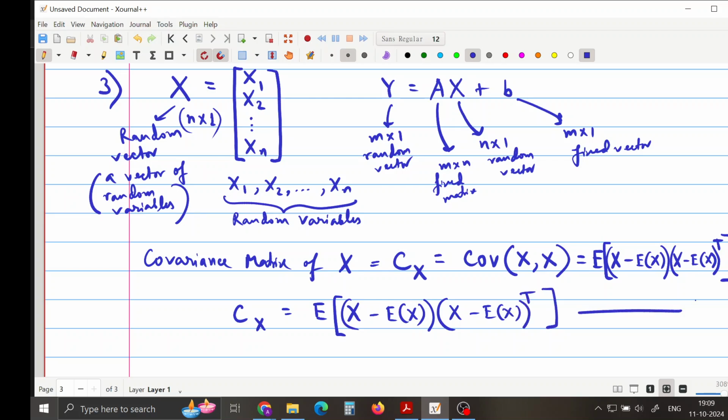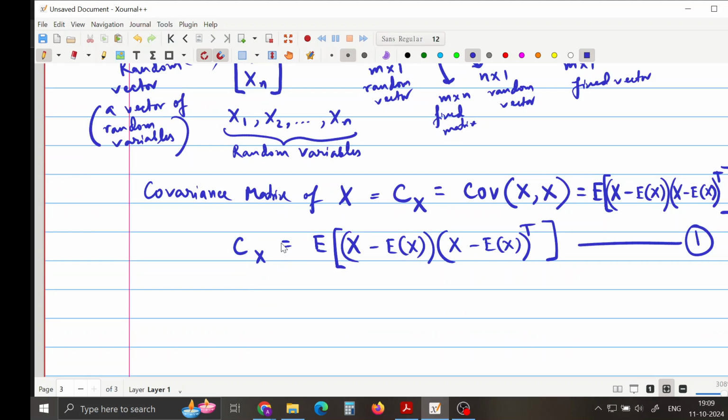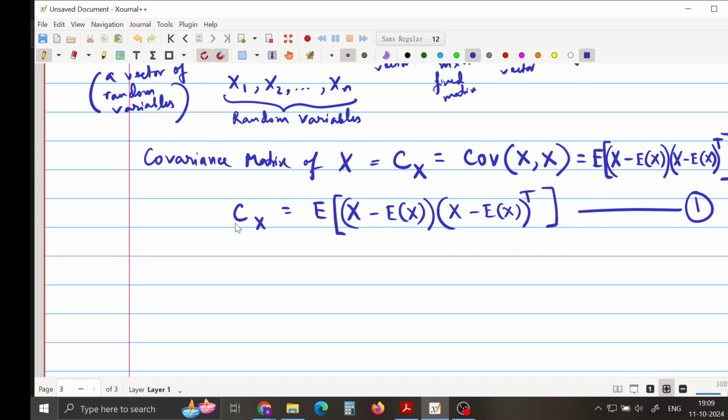We are familiar with this from the discussion we had so far. This is true when x is a random vector, because the question of transpose arises only in the case of vectors.